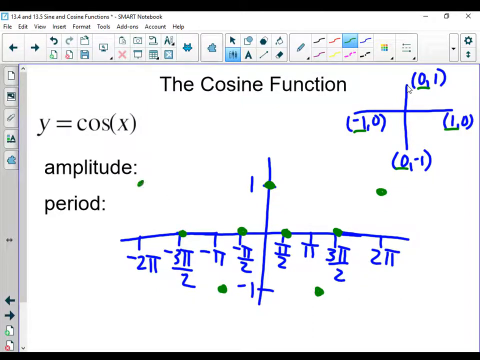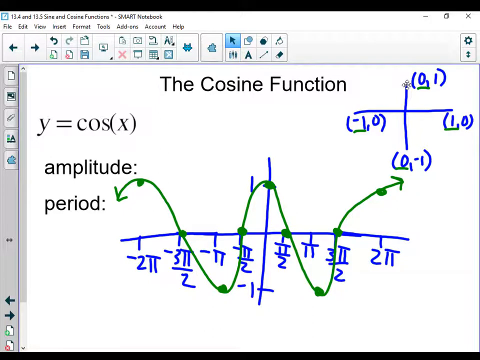Yeah, you can. And it looks like a W. So it looks very similar, and some people argue that it's the sine function but shifted. Not necessarily, they're different, but I can see how that's an argument there. Okay.